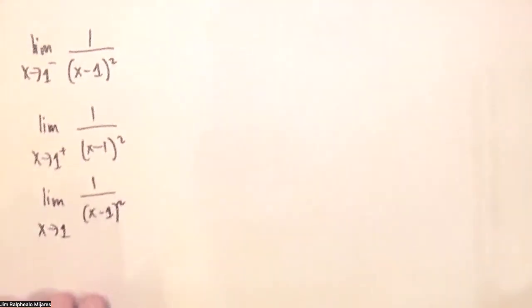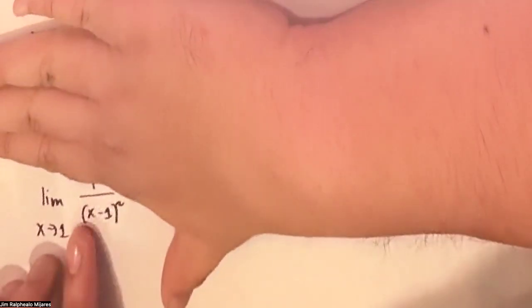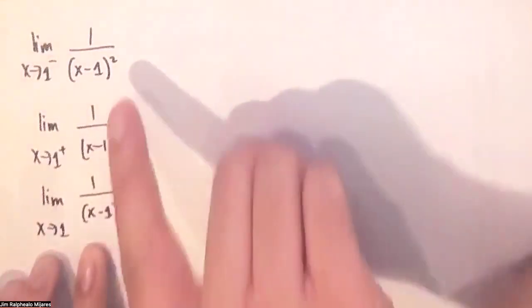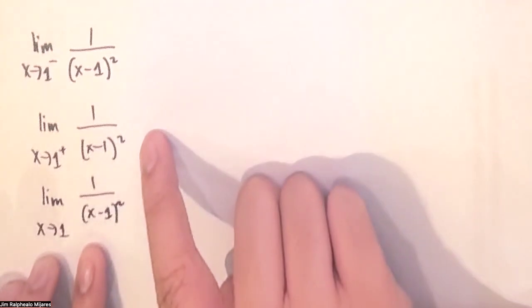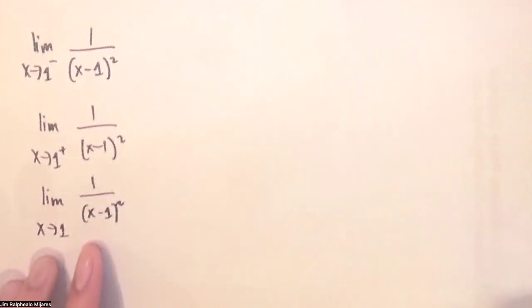As best practice, when you're asked to find the two-sided limit, you need to find the one-sided limits first.